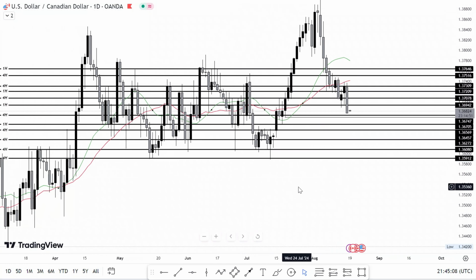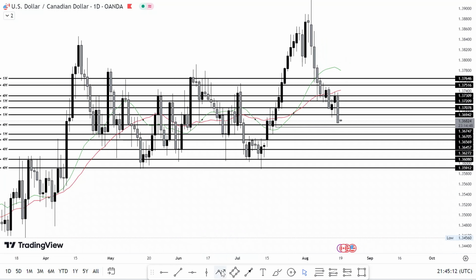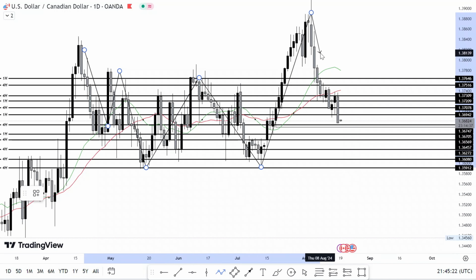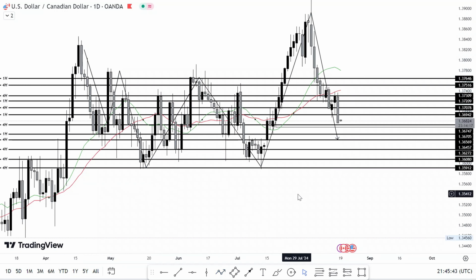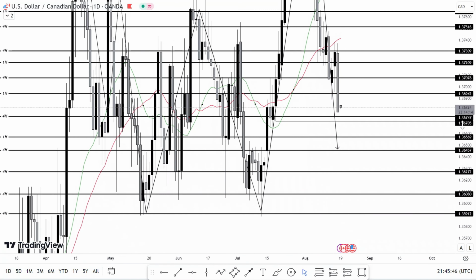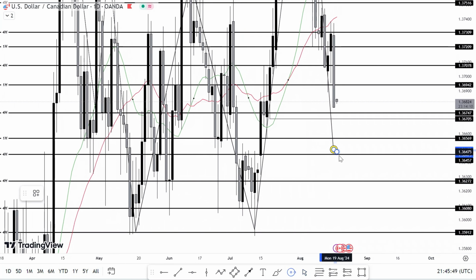Now, here is one thing you need to understand. With the way price has moved before, for this drop to be balanced, before the market will start to maybe react to the upside, or before the market will change trend from downtrend to uptrend, the price should actually come to this 4-hour support level, which is at 1.36457.